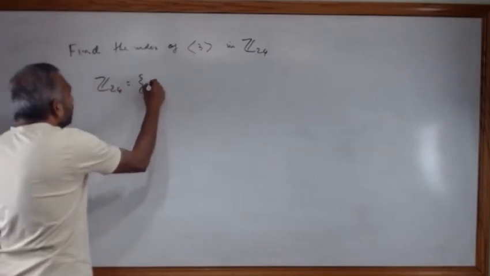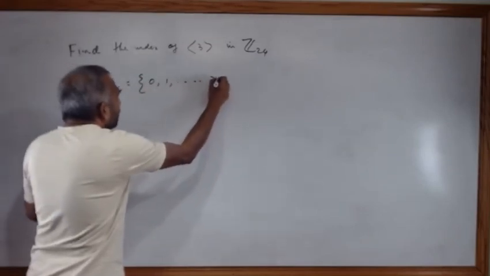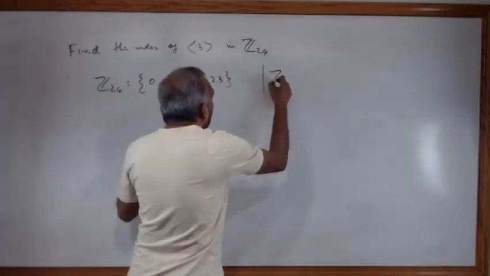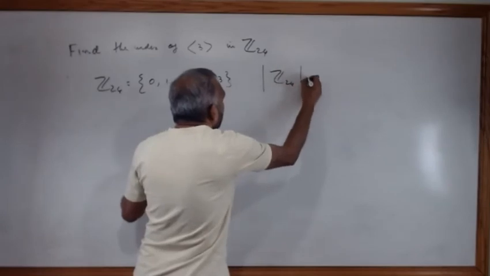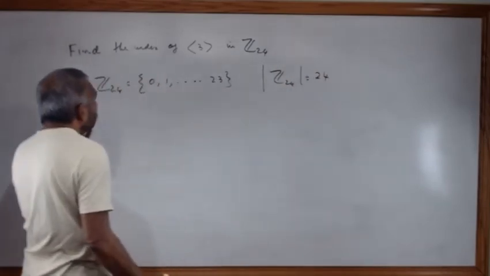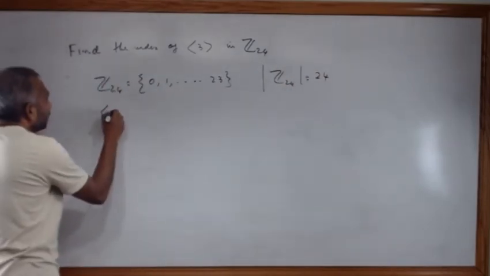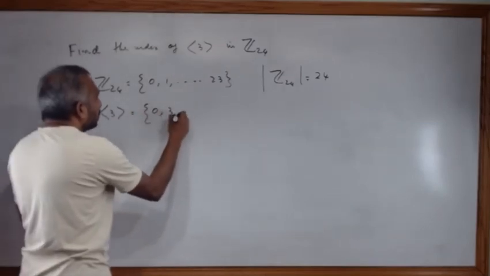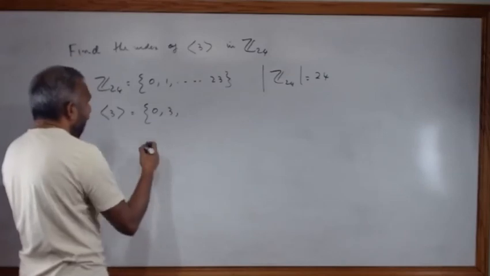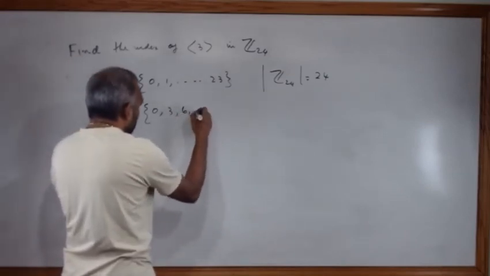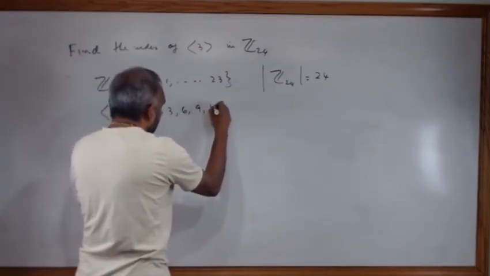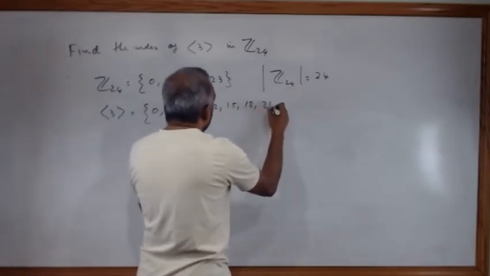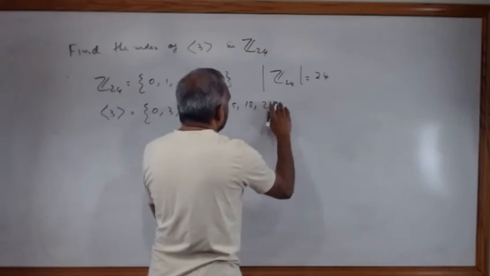C24 is equal to 0, 1, up to 23. Or you can say the order of C24 is equal to 24. What is the subgroup generated by 3? 0, 3, 6, 9, 12, 15, 18, 21, and that's it.